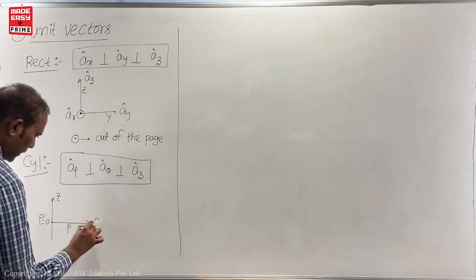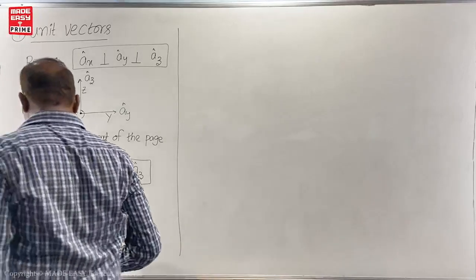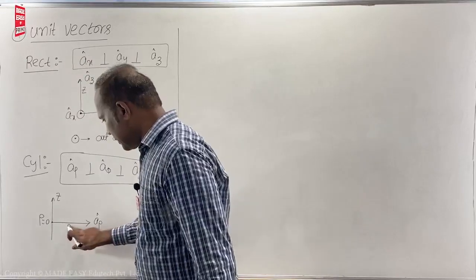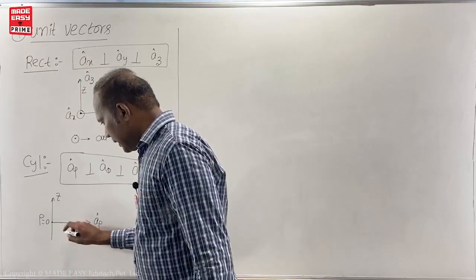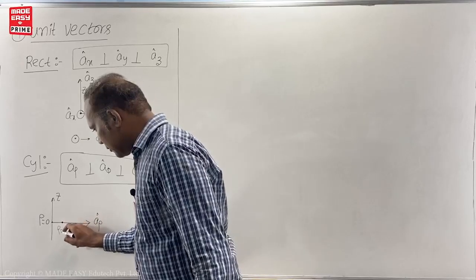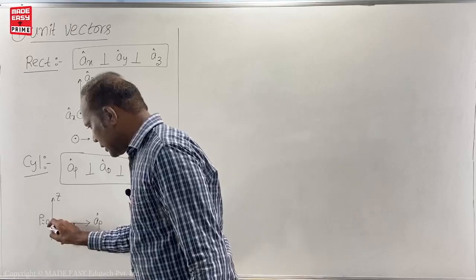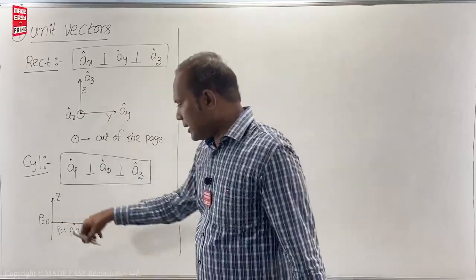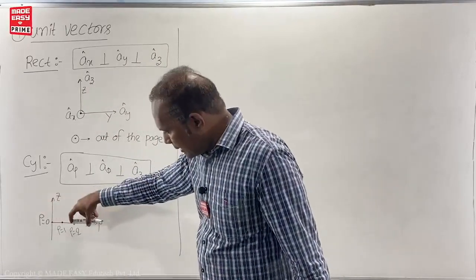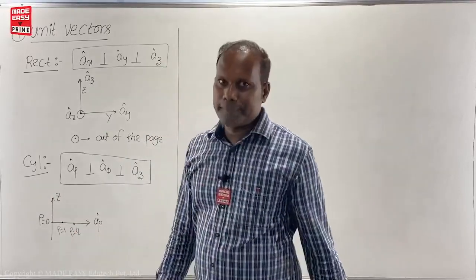So that is why this is a rho cap. So my dear students, in this direction, for example, rho is equal to 1 meter, rho is equal to 2 meter, here rho is equal to 0. So in this direction, radius is increasing. This is a rho cap, and this one is minus a rho cap.